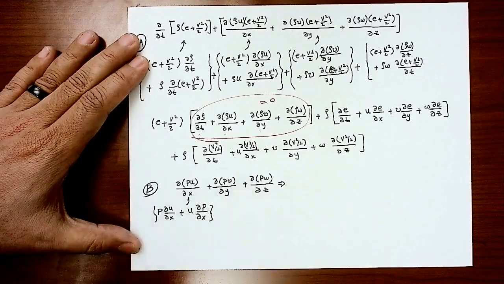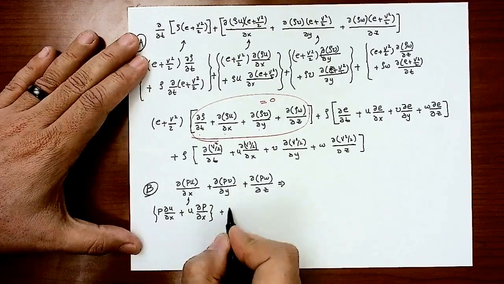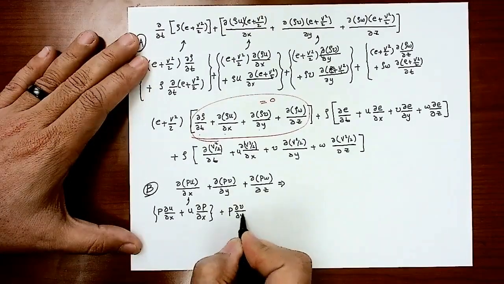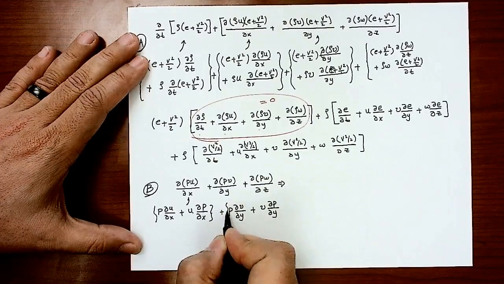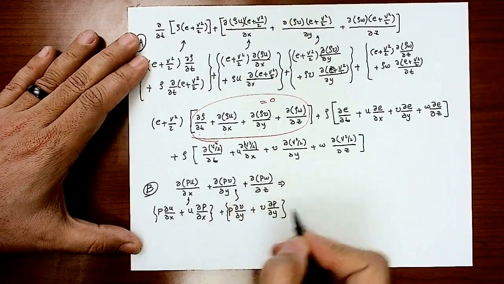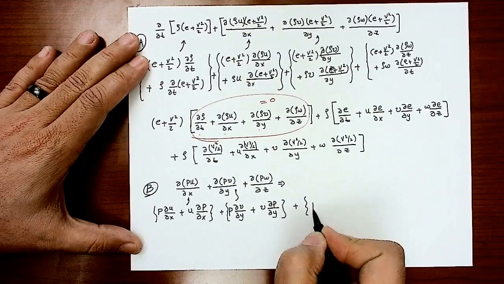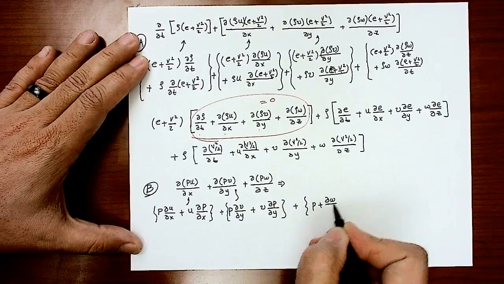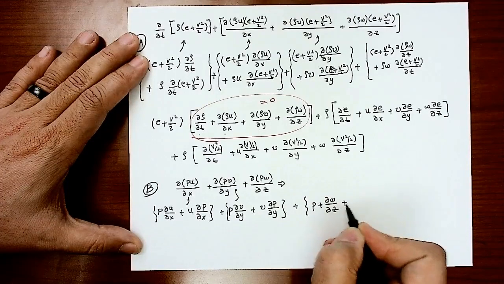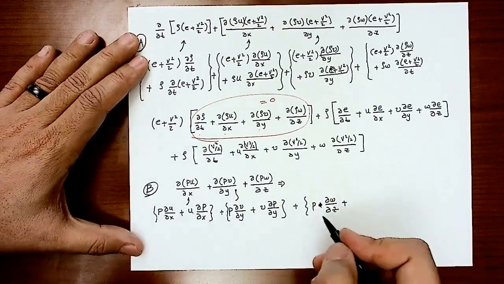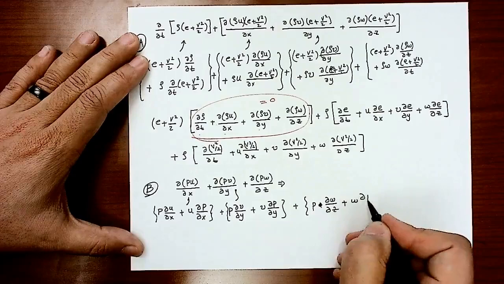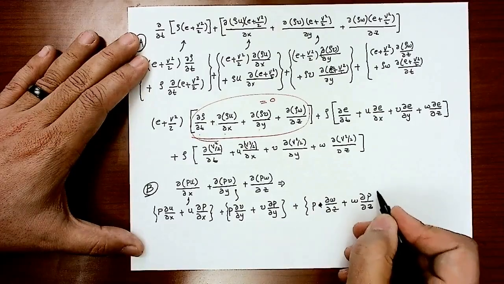These two terms are the breakdown of this term, plus P ∂V/∂Y plus V ∂P/∂Y. Two terms for this one, plus P times ∂W/∂Z plus W ∂P/∂Z.